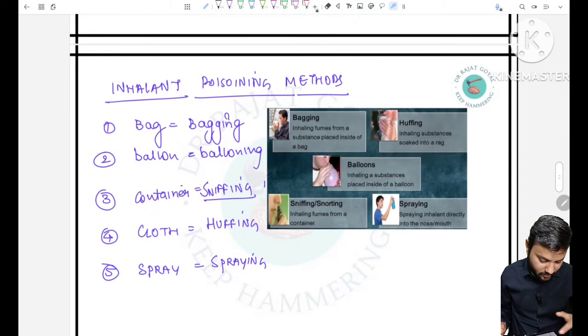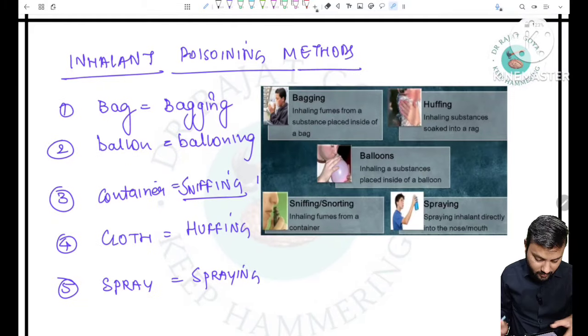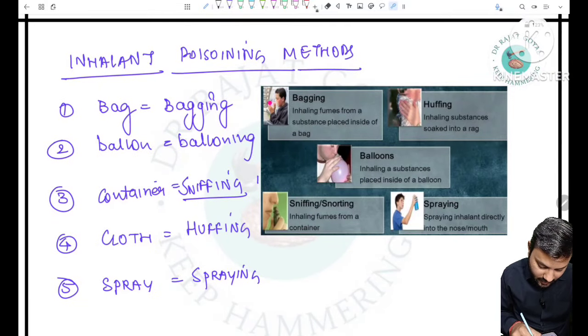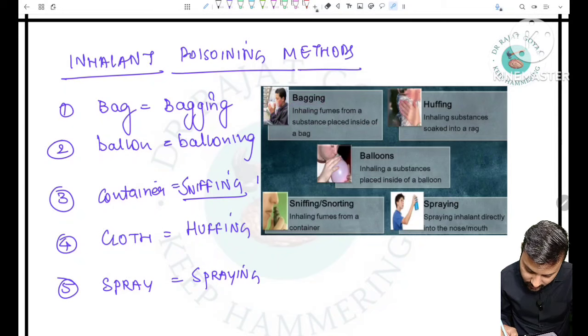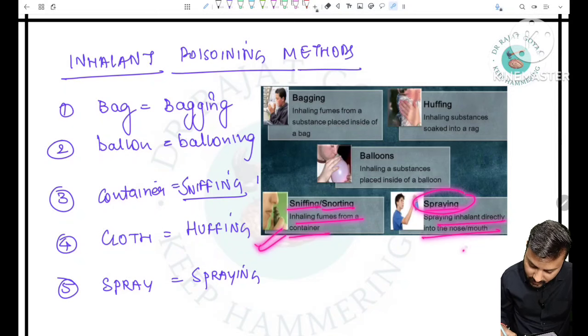Now the inhalant poisoning methods. If the person is using a bag, it is called bagging. If he is using a balloon, it is called ballooning. If he is directly inhaling from the container, it is called sniffing or snorting. If he is using a spray and inhaling it, it is called spraying.